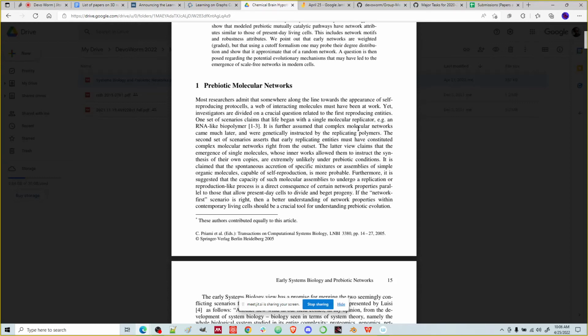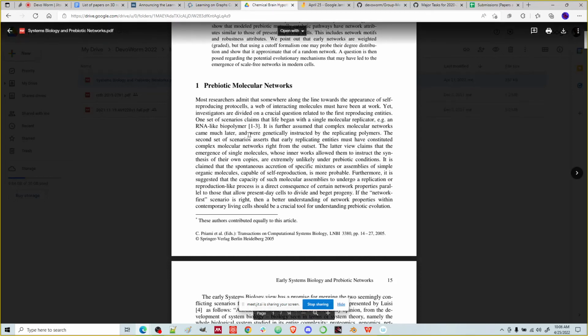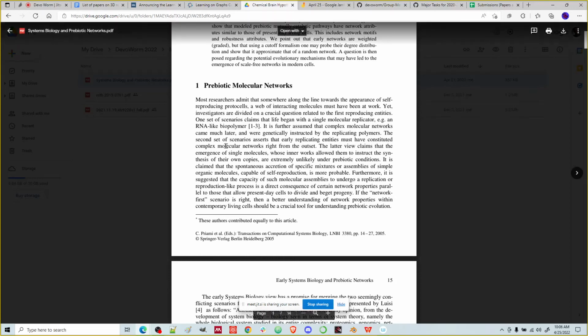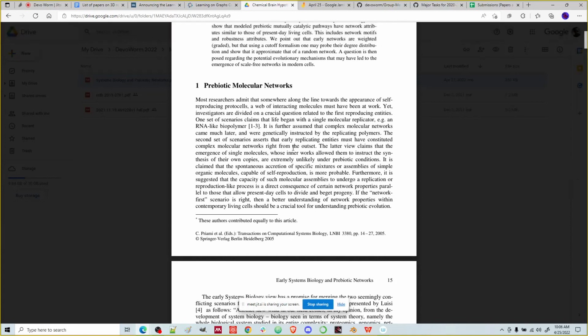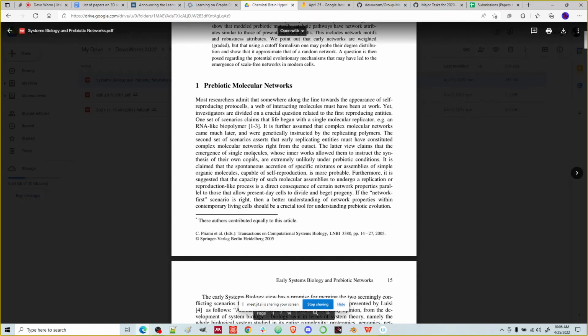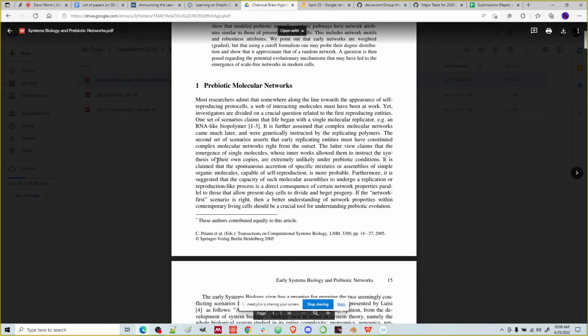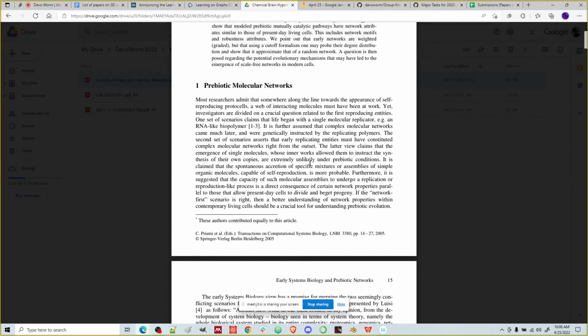It is further assumed that complex molecular networks came much later and were genetically instructed by the replicating polymers. The second set of scenarios asserts that early replicating entities must have constituted complex molecular networks right from the outset. The latter view claims that the emergence of single molecules, whose inner workings allowed them to instruct the synthesis of their own copies, is extremely unlikely under prebiotic conditions.